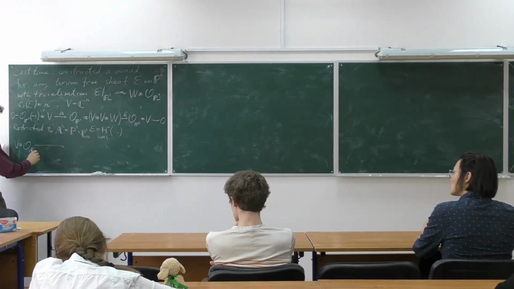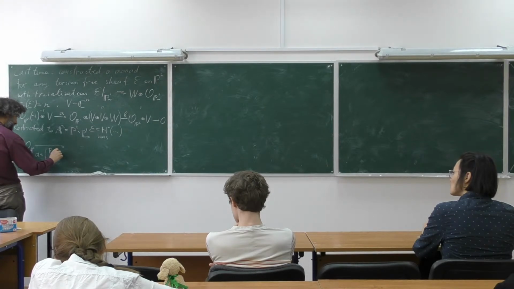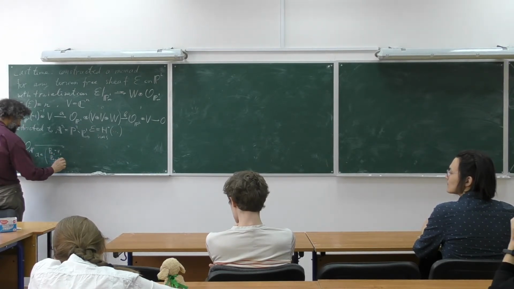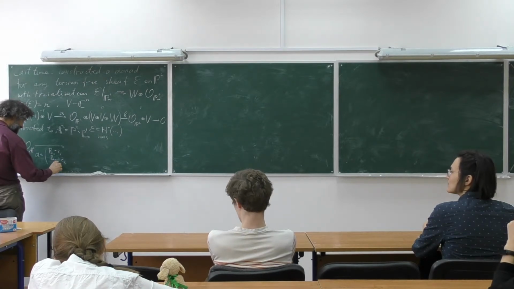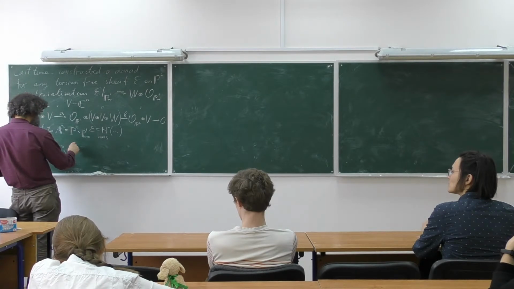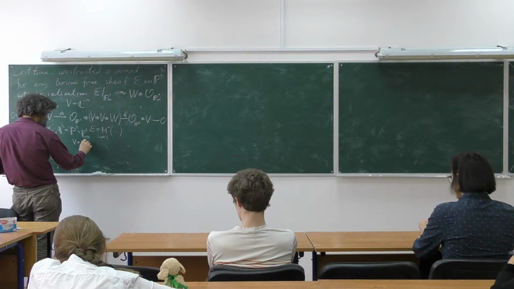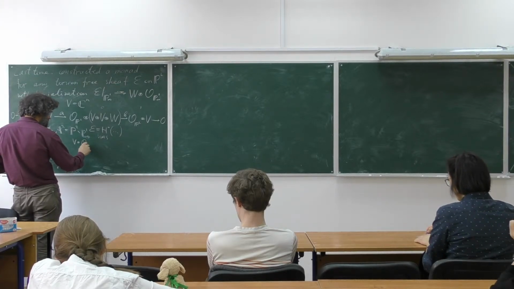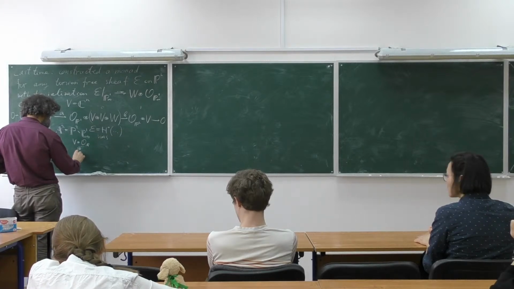So this was A equal to B1 minus Z1, B2 minus Z2, J. So it goes to V tensor polynomials in two variables, Z1 and Z2.